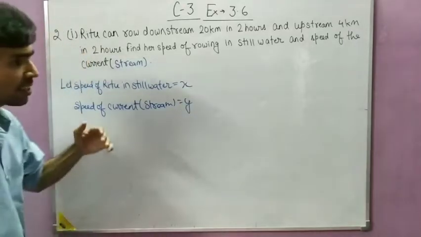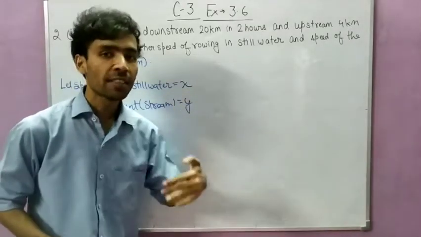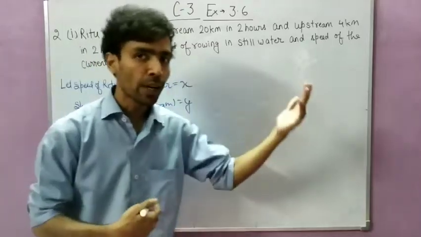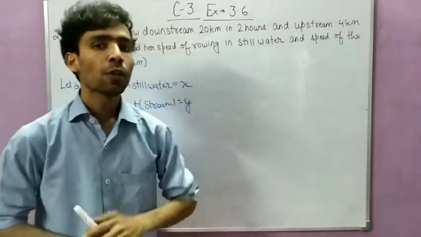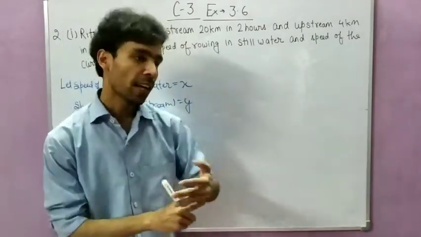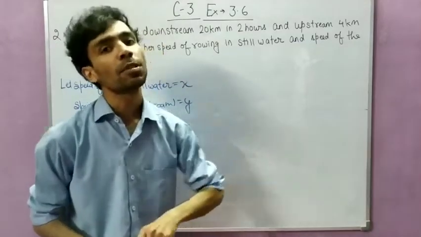Because she is rowing in upstream also and downstream also, we will calculate two speeds. First is upstream speed and second is downstream speed.